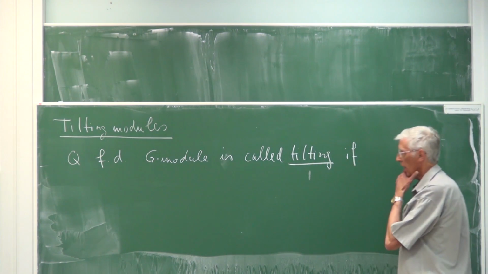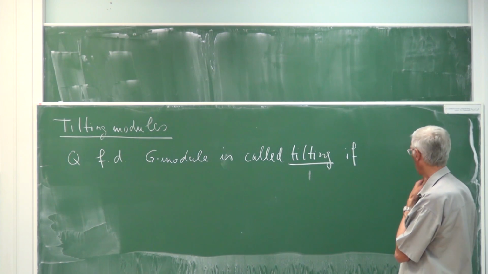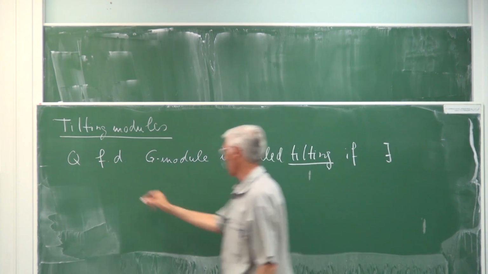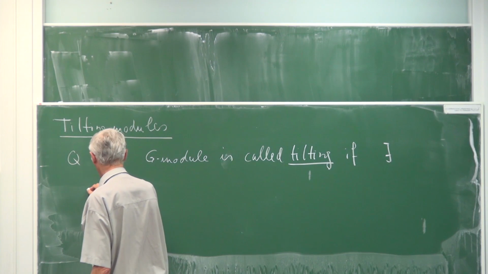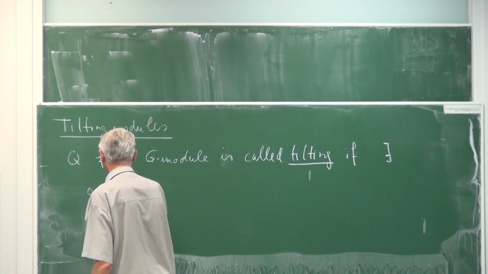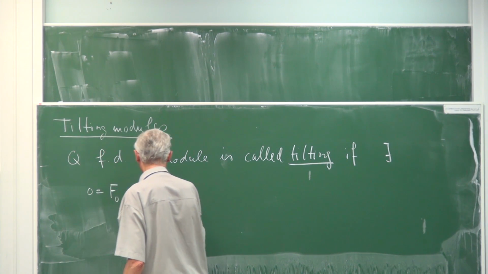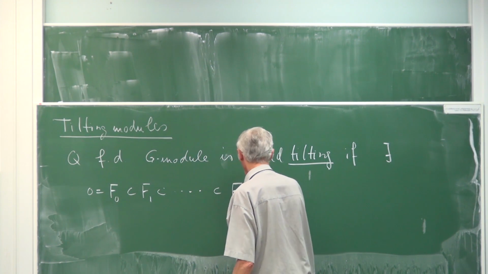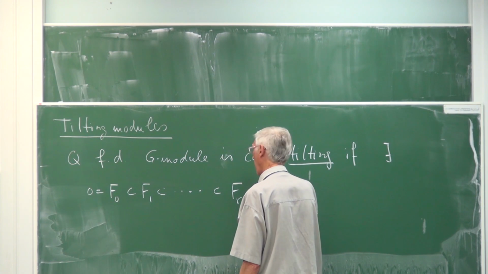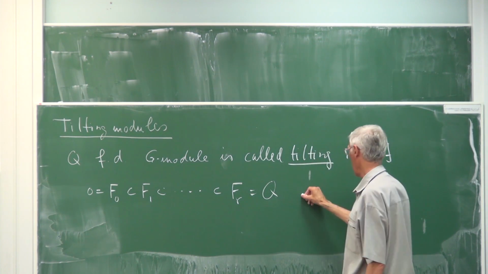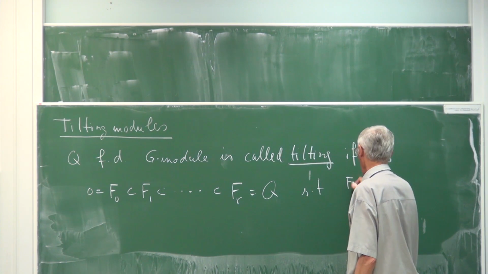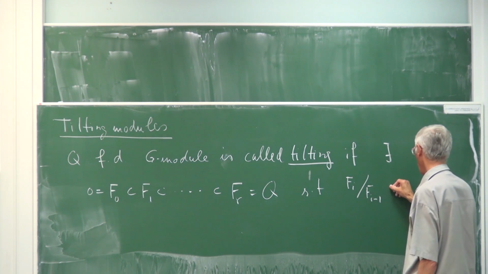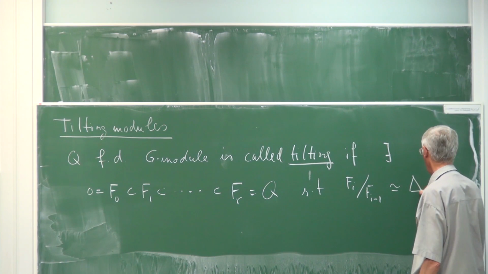if it has two sorts of filtrations. So if there exists one filtration of G submodules, say starting in 0 and all the way up to F_r, which is the whole thing, such that the sections here are certain deltas.